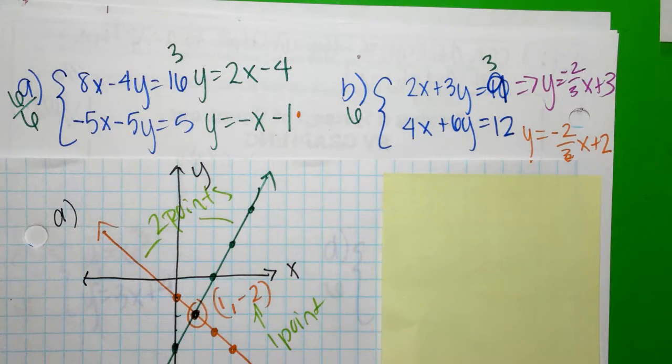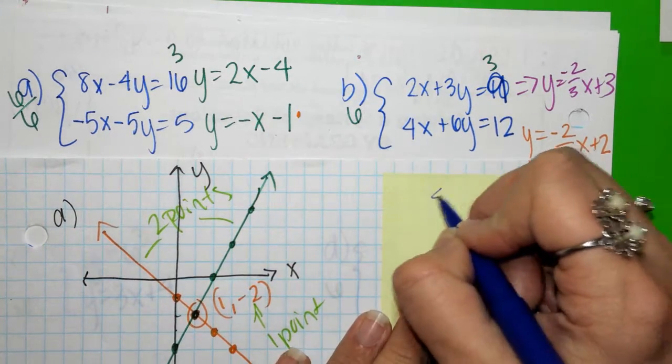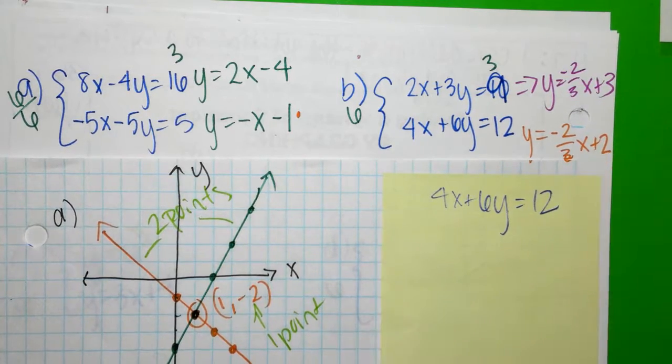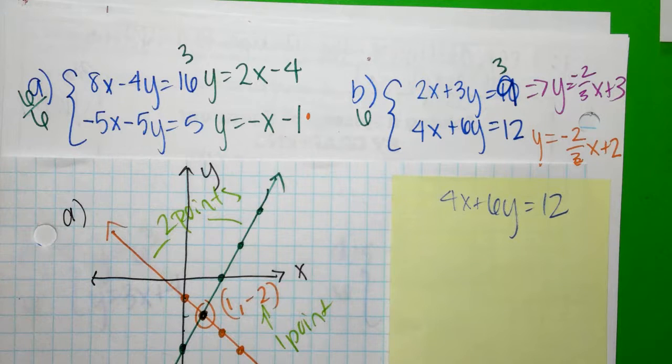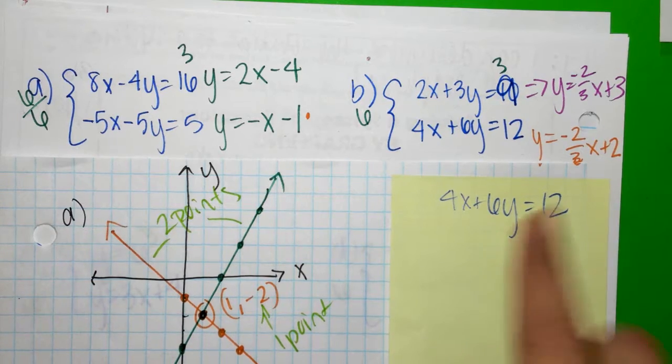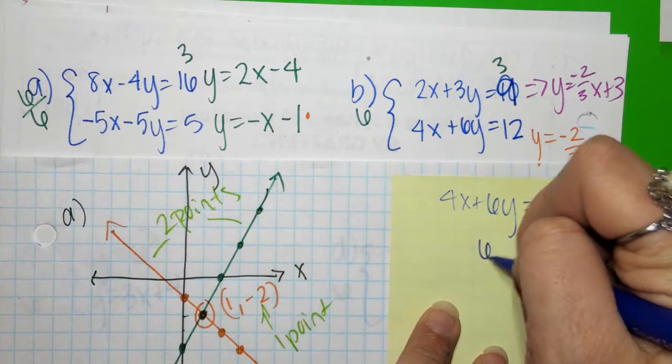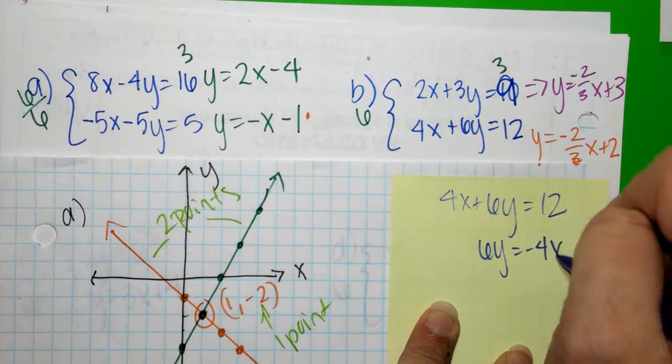Okay. So I have 4x plus 6y equals 12. That means I would subtract 4x from each side, correct? Because we're trying to get y by itself. So I'd subtract 4x, and that would give me 6y equals negative 4x plus 12.